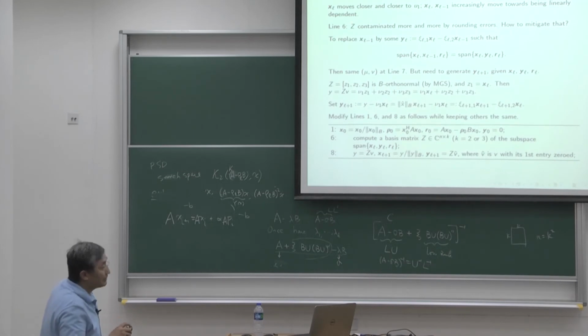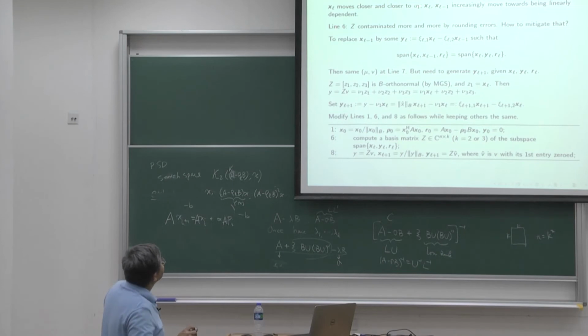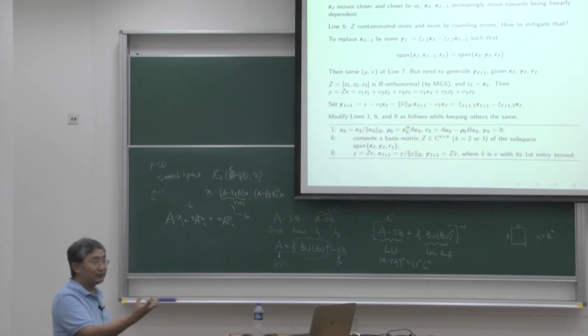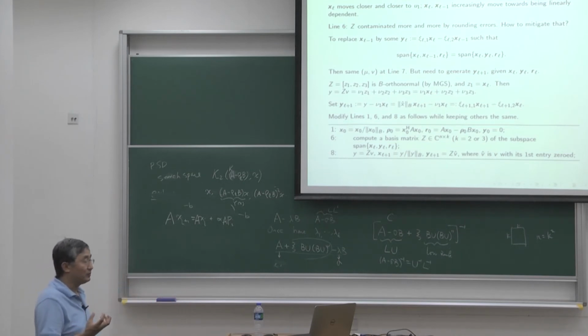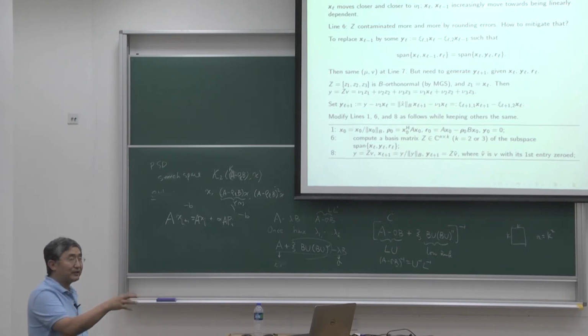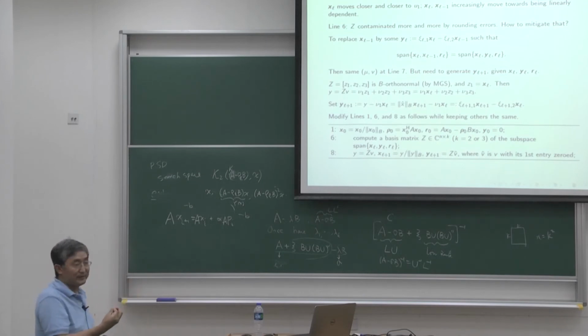It turns out this can be addressed. How do we address that? If someone can compute the difference between x_l and x_{l-1} directly, rather than compute the two vectors and subtract, then you get the difference accurately.